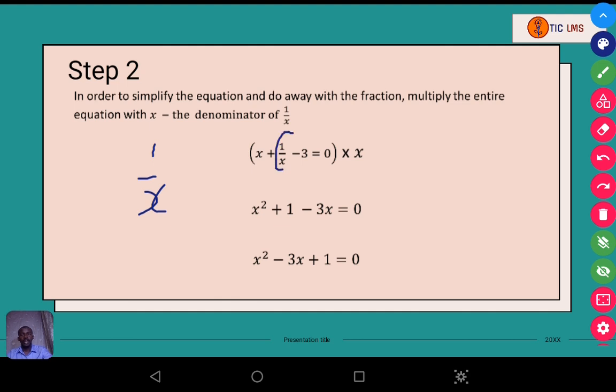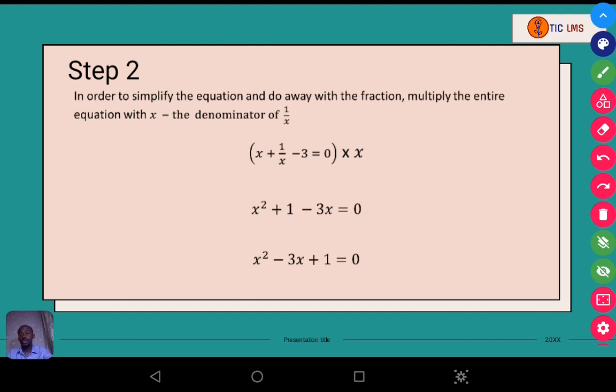This 1 over x is a fraction, and we could convert it to become a whole number. To do that, imagine you multiply by x. So what you will eventually do is the x will cancel out x, and then you have 1. So that is exactly what we aim to do.